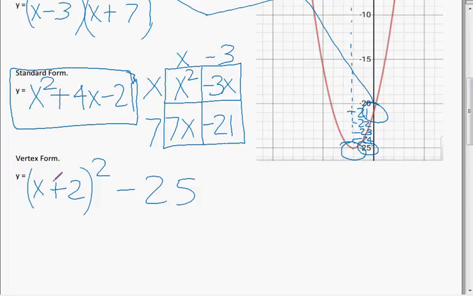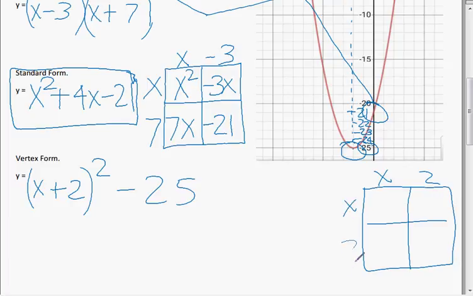And to check that, I'm going to check that really quickly. I'm going to come back over here and do the area model with x plus 2. X times x is x squared. X times 2 is 2x. 2 times x is 2x. And then 2 times 2 is 4.